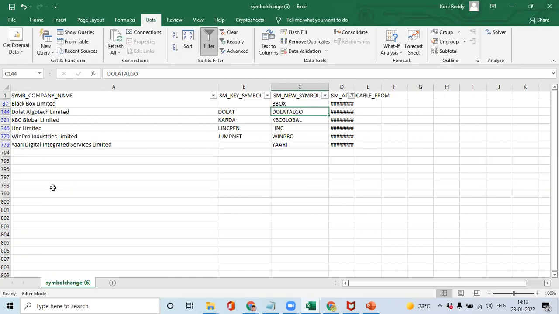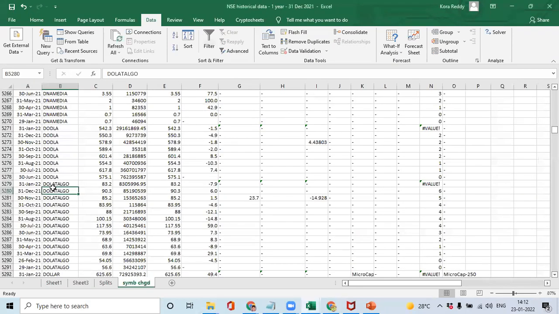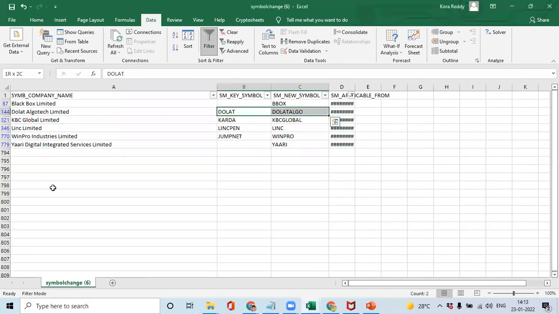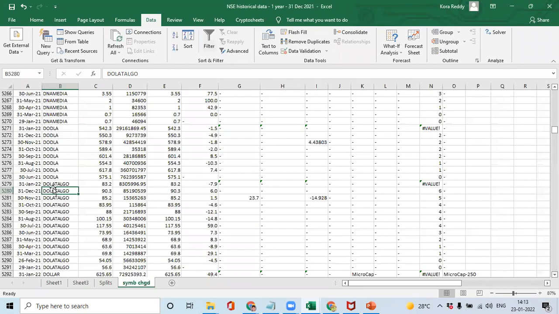Do that for all these five symbols. If it is from an older month, I think I would have already done it. So your symbols are taken care of. That's the first step, or second step, after you download the price.